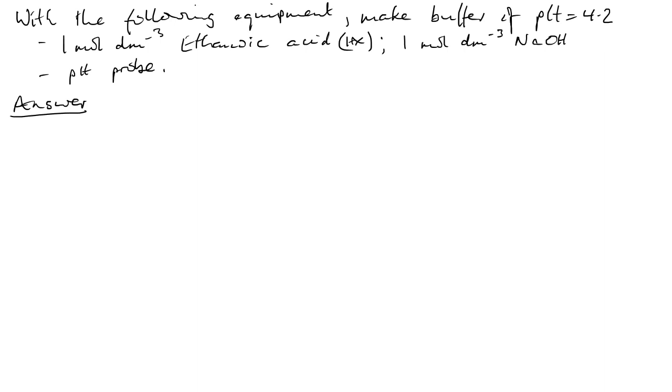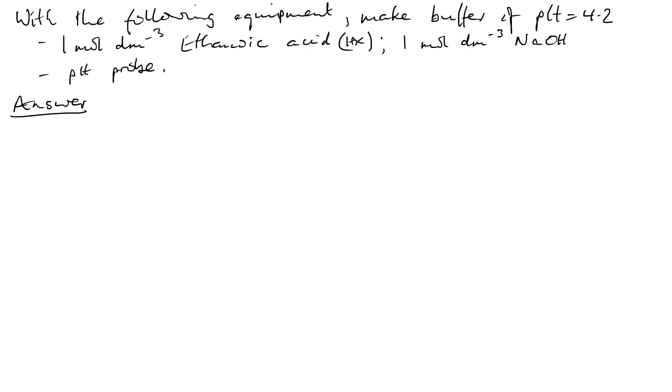Hopefully the students I gave this to didn't come up with this on their own. They needed a bit of help. They could just make up a random buffer and measure its pH and work out Ka in reverse. So that's what we're going to do.